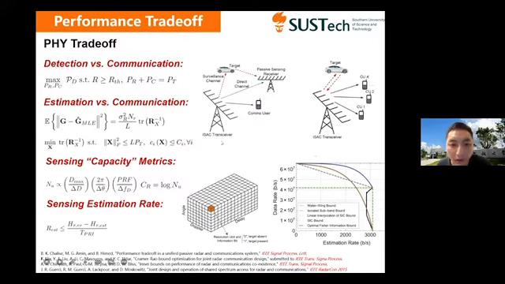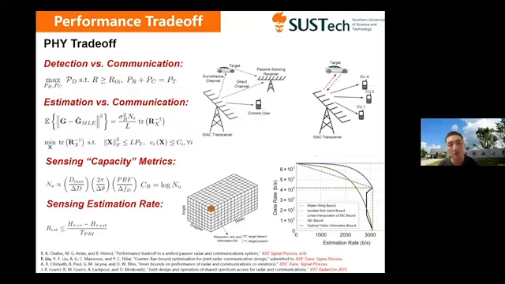So this is again a trade-off design. As you can see, they have contradictory design objectives: the MSE, the estimation errors, and, for example, SINR or communication rates for the communication users.